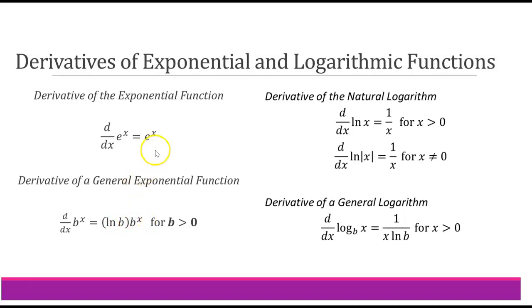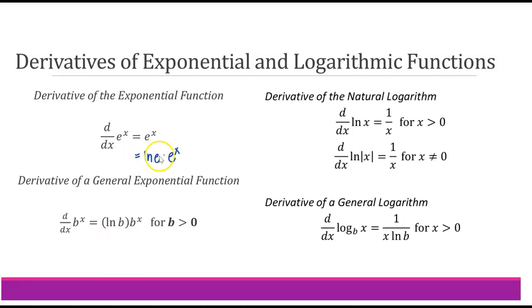And we can see that the derivative of e to the x, being e to the x, still falls into this derivative of a general exponential function rule, because if I attempt to take the derivative of e to the x using this rule, then I end up with natural log of the base times e to the x.